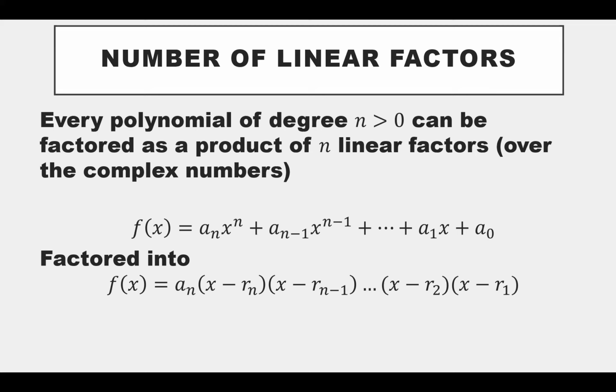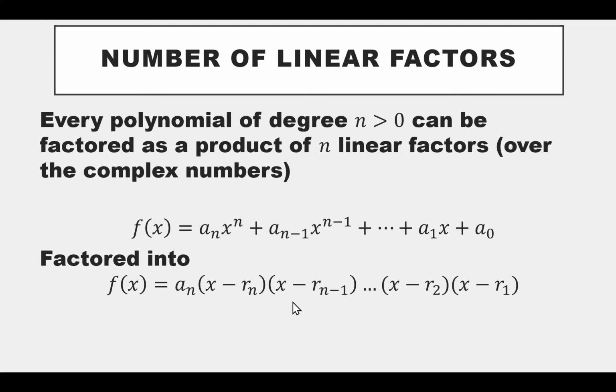So if I include complex numbers as my roots, then I can write every polynomial function as a product of a bunch of x minus roots: x minus r1, x minus r2, and so on.